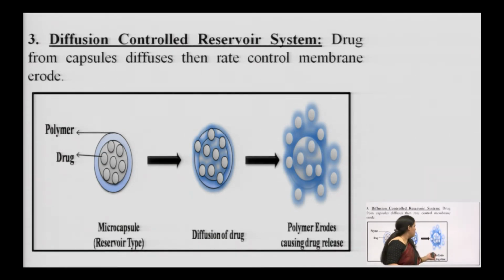After a long time the polymer erodes, meaning again degradation, or it will burst and release the remaining content of the active component, right. So this is the third mechanism of drug release from the microspheres.